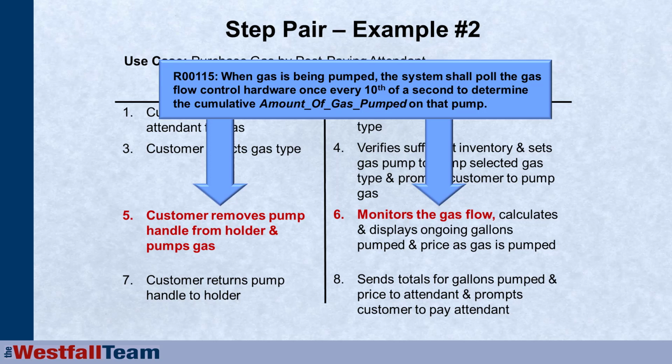The reason is I want consistency of language in my product level requirements. Once I have something like this named, I would typically put it in a data dictionary with a definition. That way, every time I want to talk about the amount of gas pumped, I'm going to use that same term, that same variable name or data item name in my requirement.